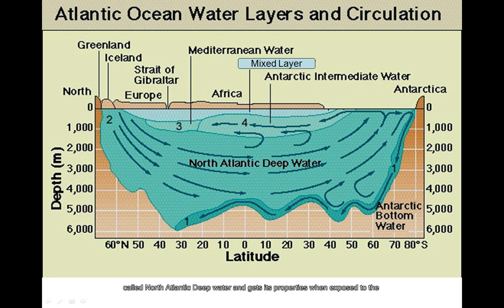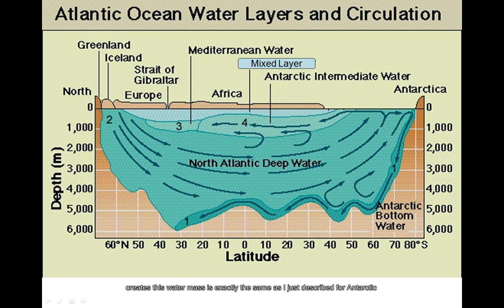Now, the second densest water mass in the ocean is called the North Atlantic deep water, and it gets its properties when exposed to the atmosphere in the North Atlantic around Greenland and Iceland. And the process that creates this water mass is exactly the same as I just described for Antarctic bottom water.